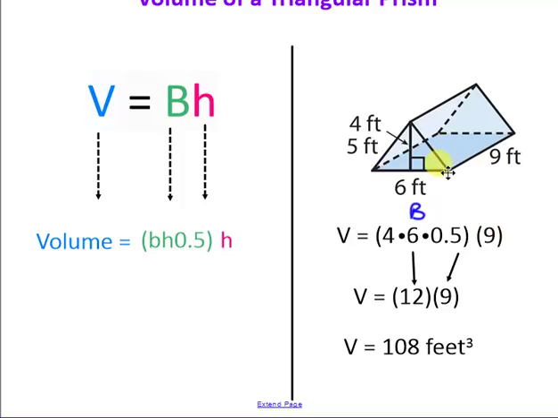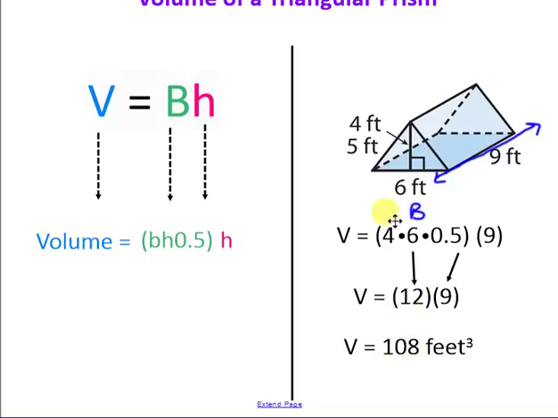Here you have one triangle, here you have the other triangle base, and the height is from one base to the other, and so that's going to be 9. So if you simplify this parentheses right here, 4 times 6 is 24, 24 times 0.5 is 12, and then 12 times 9 is 108 feet cubed.